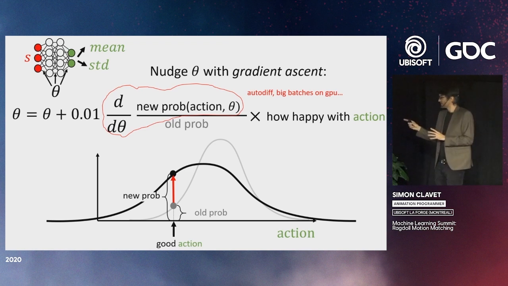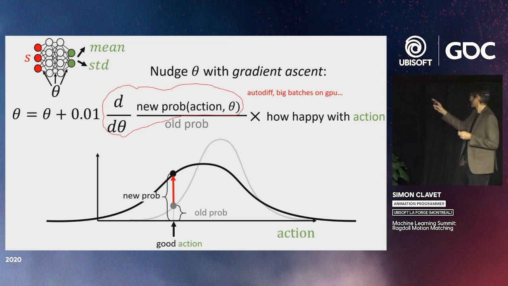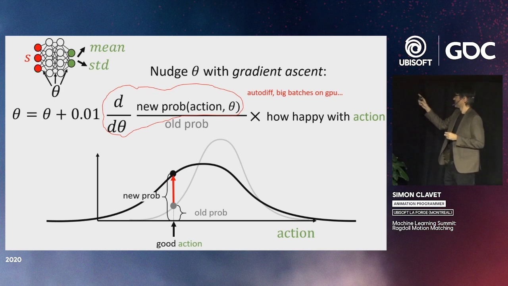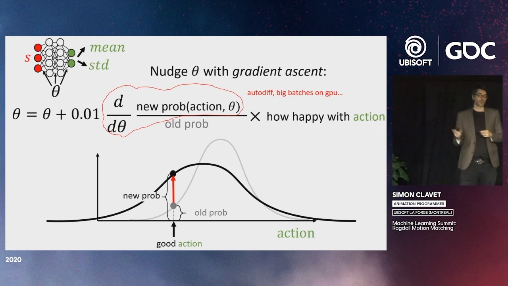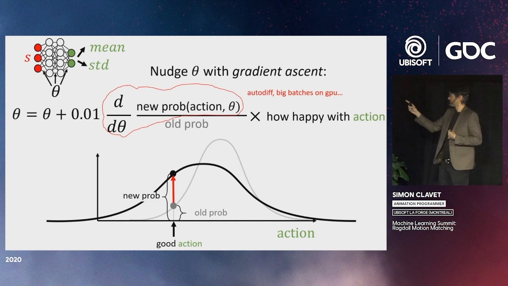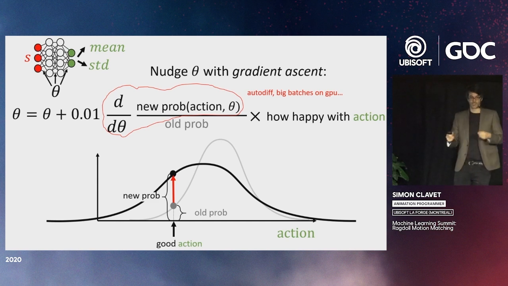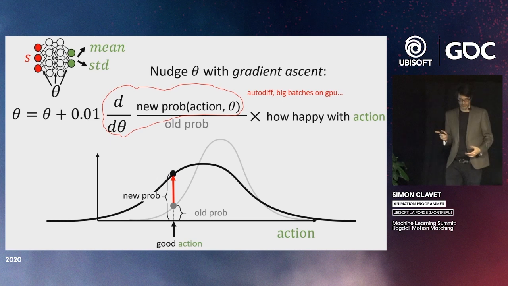That's what deep learning is: finding derivatives of things with respect to parameters of neural networks. It's autodiff, which means finding derivatives automatically, and in big batches on GPU to go super fast. That's given for free with TensorFlow and PyTorch and all these things.